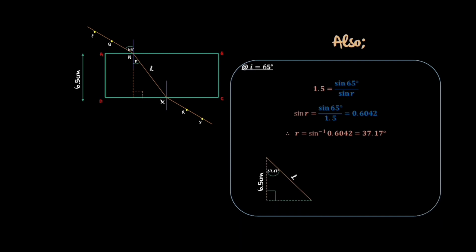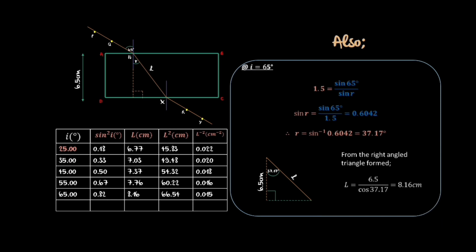Inputting it in the right angle triangle carved out from the diagram and evaluating for L, we found that L, the length of the hypotenuse, is equal to 8.16 centimeters. And once we've done that, we now input it in our table of values and evaluate for the other parameters.